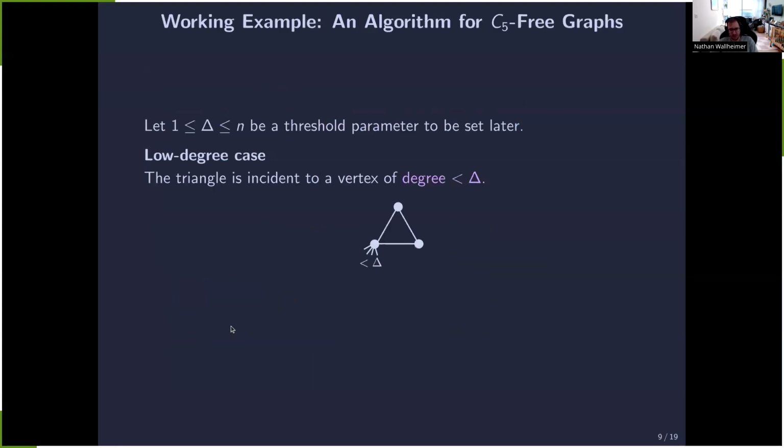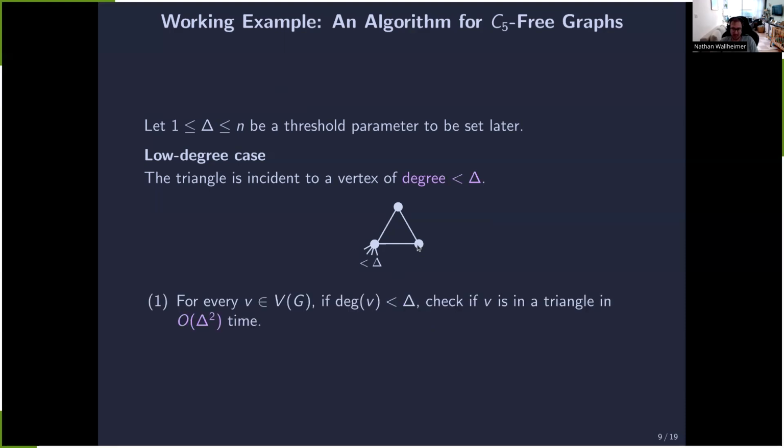So our working example is an algorithm for 5-cycle-free graphs. So suppose G is 5-cycle-free, and we're going to have two cases depending on the degrees of the triangle vertices. For some threshold parameter delta, the low degree case is the one where a triangle contains a vertex of degree smaller than delta.